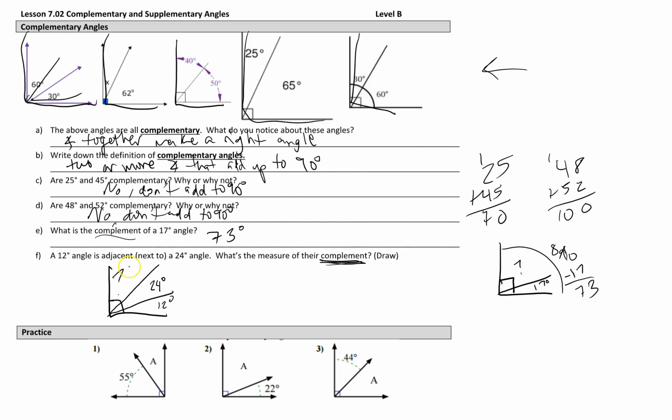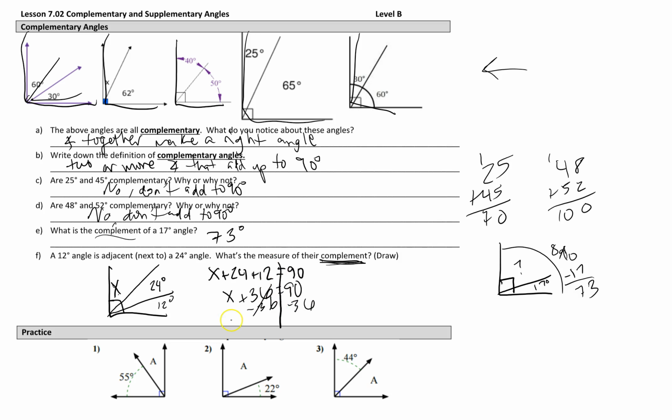I'm going to give this question mark a variable. Let's say this is x. If we did x plus 24 plus 12, all of those three would equal 90. So now we just have an equation that we know how to solve. We can add this 24 and 12 to get 36, and then we can subtract this 36 out of there.